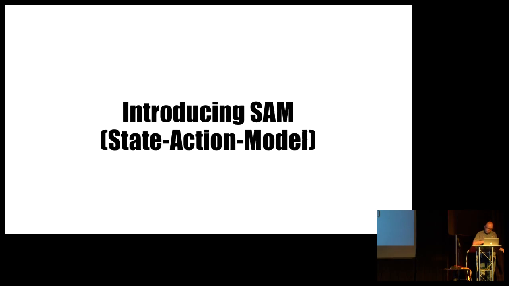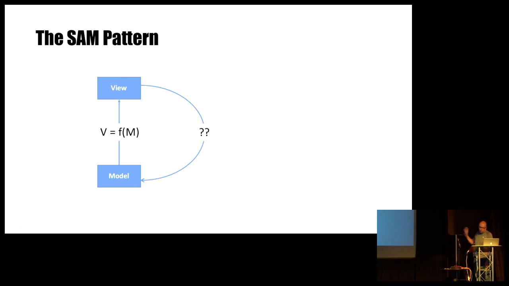So I'd like to almost take a 180-degree direction and introduce the SAM pattern. SAM stands for State Action Model. Some people have suggested another acronym that I'll go over. But anyway, SAM is trying to answer the same question that everybody is trying to answer.